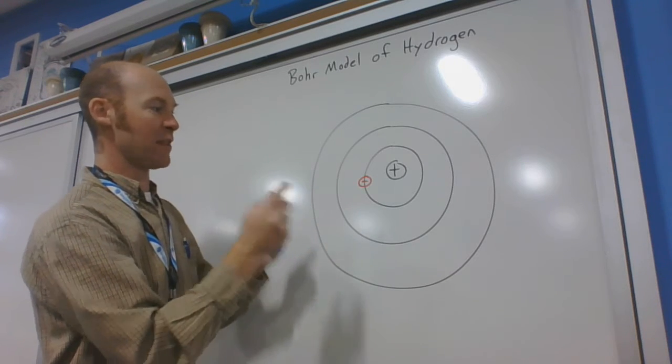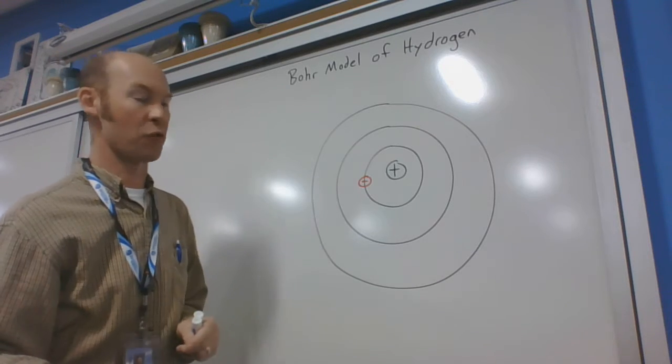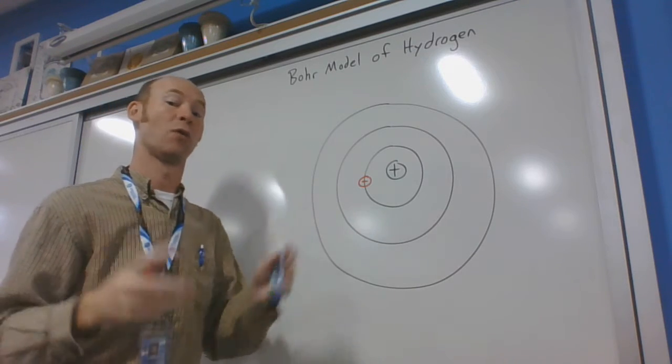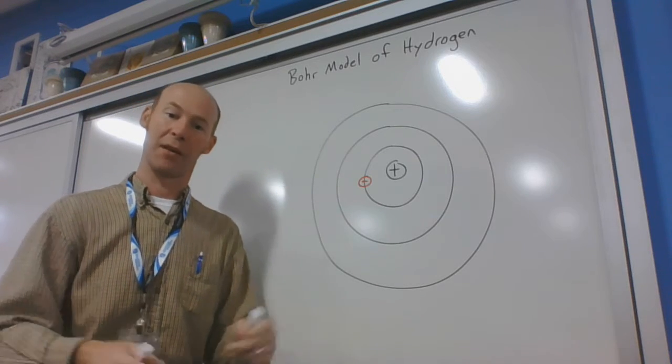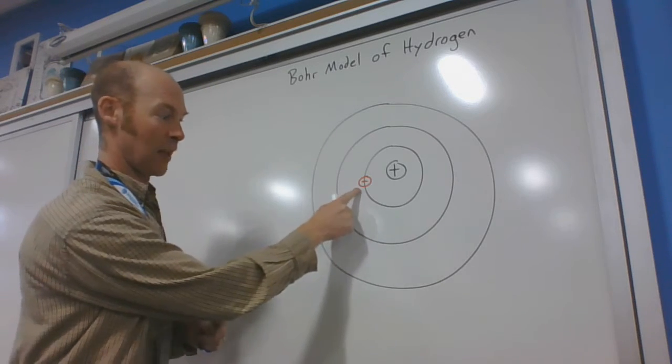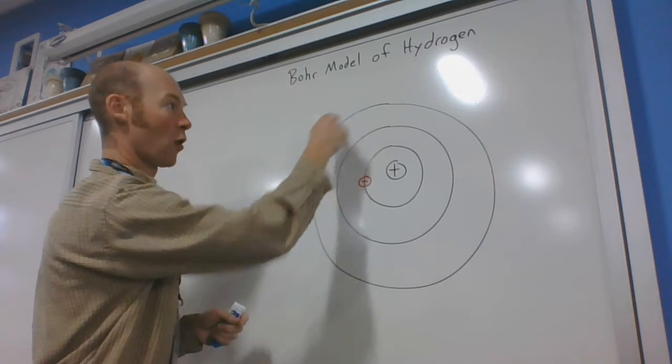But if you were to take this hydrogen atom and add some energy to it, maybe you heat it up a whole lot or you zap it with some high energy light or something like that, this electron can go from its ground state up to some of these other orbitals.